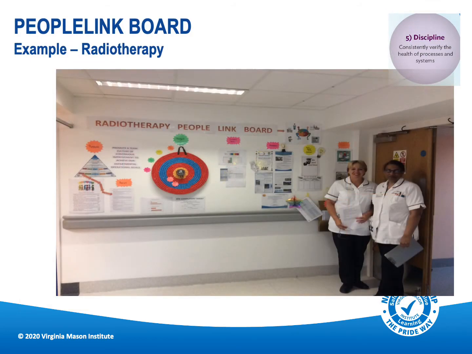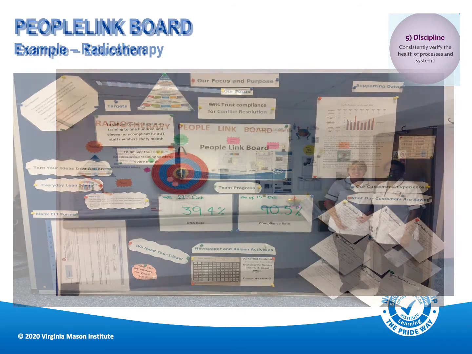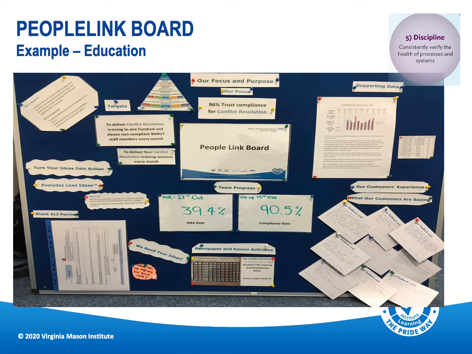On Radiotherapy's People Link board by Sandra and Paveen, we can see their focus, their very colourful target area, and their newspaper. Here on Education's People Link board, focusing on conflict resolution training, we can see feedback from the training in the bottom right, so what our patients or customers say, their supporting data relating to their targets, and their newspaper and Kaizen activities section down the bottom.